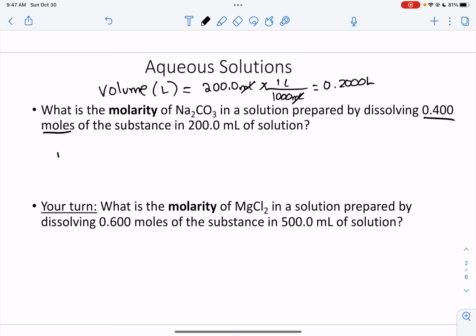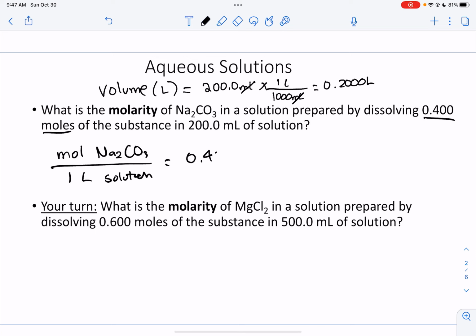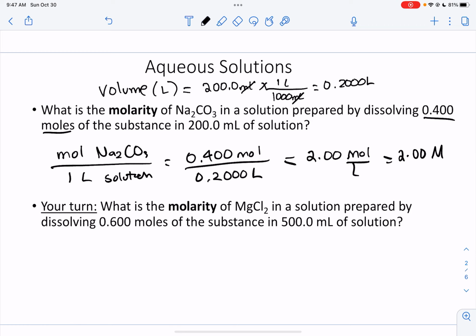And then I can calculate my moles of sodium carbonate per liters of solution by dividing the 0.4 moles that we were told we had in the problem by the 0.2 liters. When I do this, I see I have 2 moles per liter, which is the same thing as saying 2 big M.